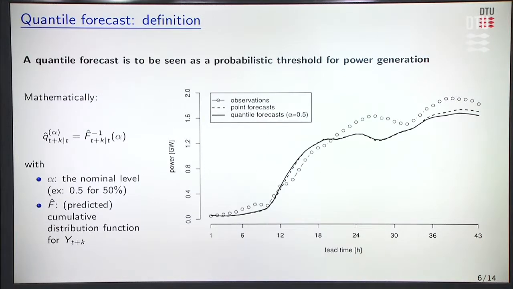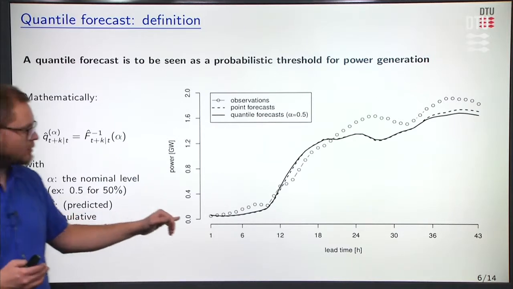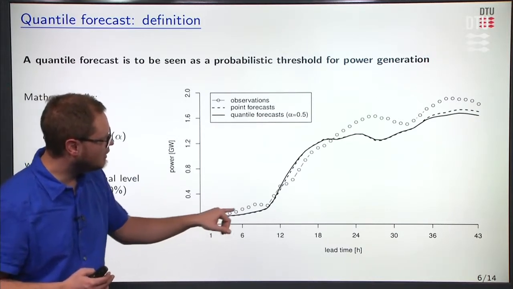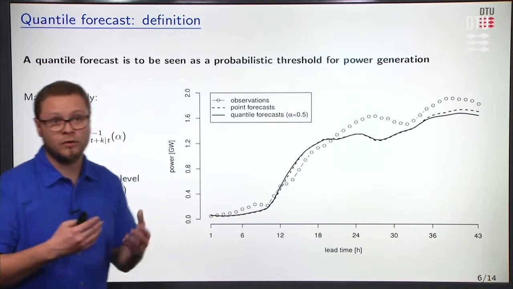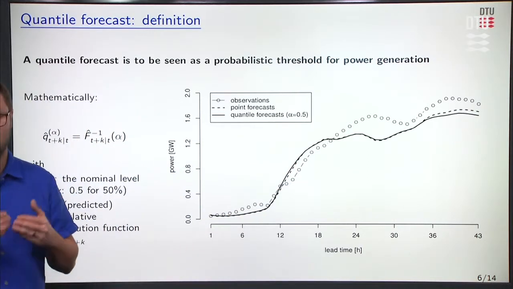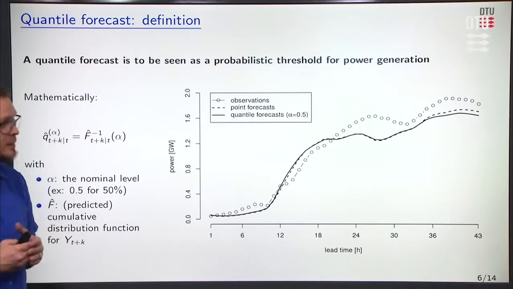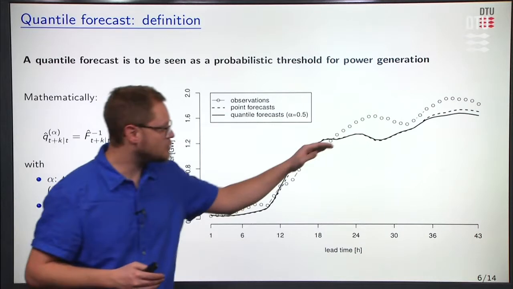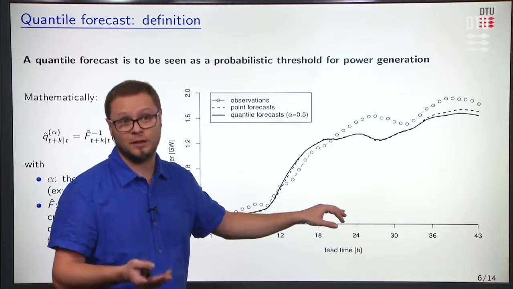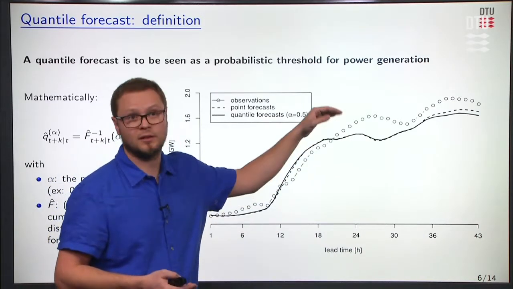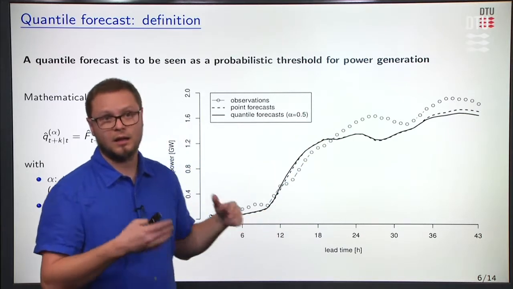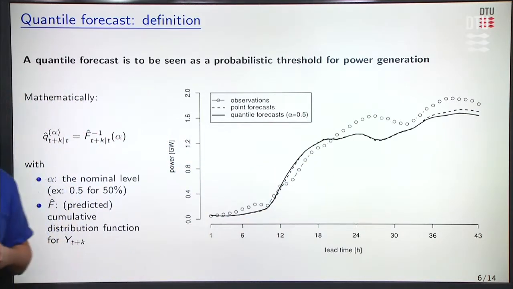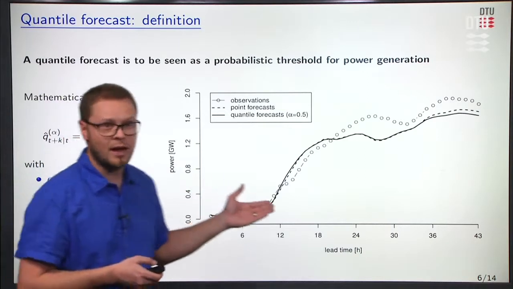If you say alpha is 0.5, like in this plot, you see here the bold line is a quantile forecast with alpha equal to 0.5. So that means in practice, we believe there's 50% chance that what we will observe is below, and so 50% chance that what we'll observe is above. If you compare with the point forecast we got from before, which is here with a dashed line, you see that they can be very close. Actually here, they overlap.